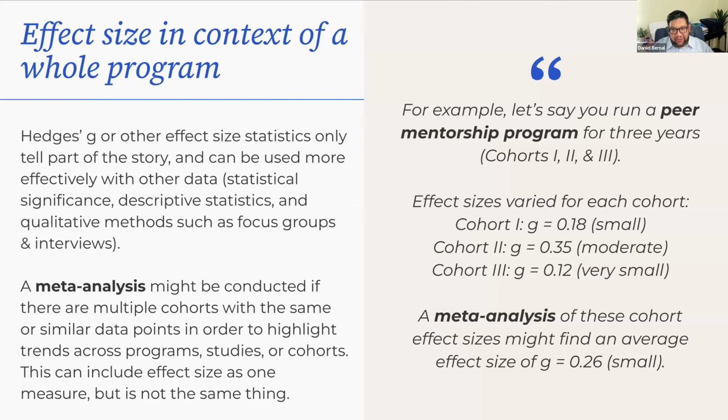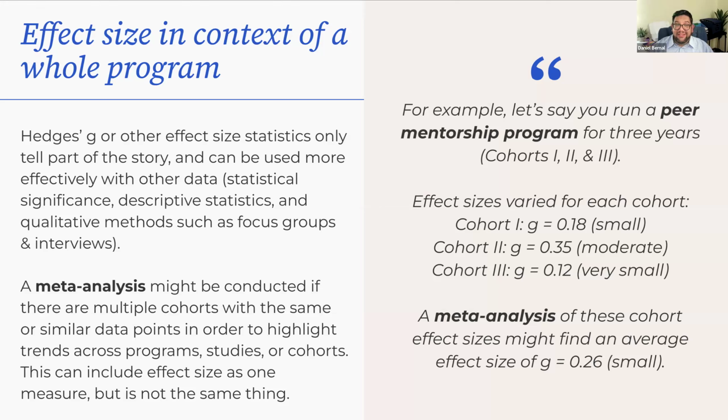So to break that down a little bit, let's say you have a peer mentorship program, you have three cohorts that you're working with, and you calculated the effect size for some instrument that you're using to collect data. Your first cohort, you had Hedges g was 0.18, small difference, small effect size. Cohort 2 had a larger effect size, 0.35, almost twice the difference in terms of that meaningful impact.